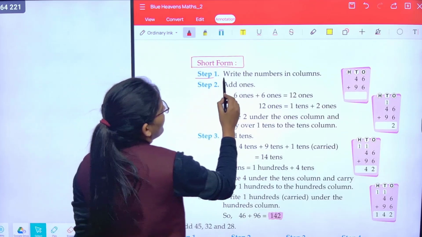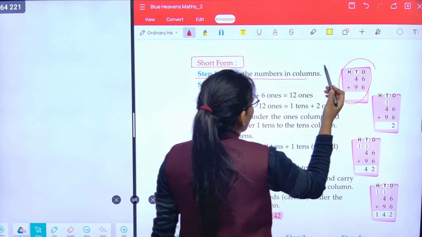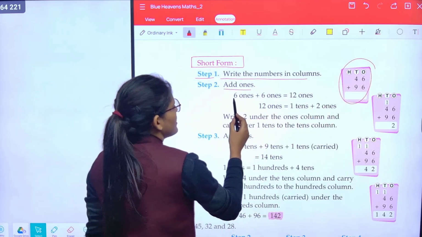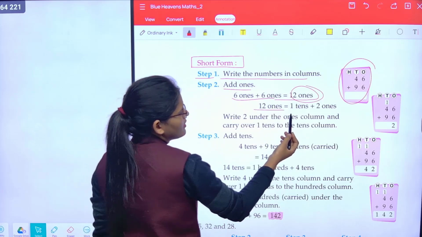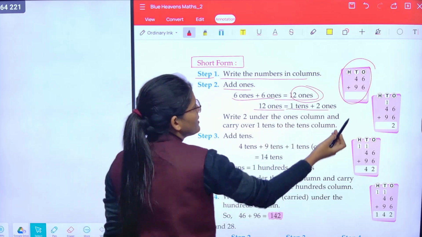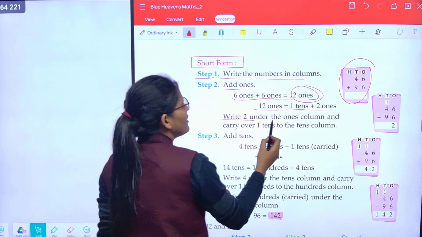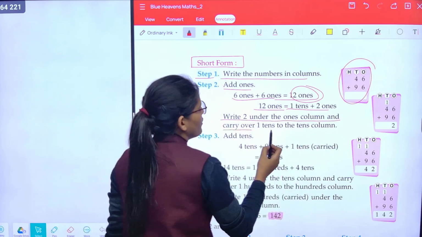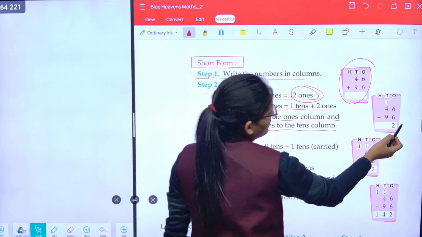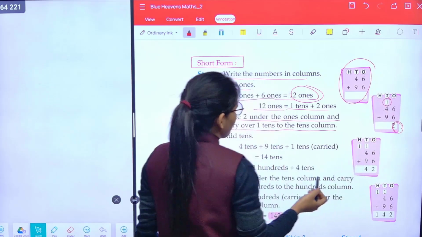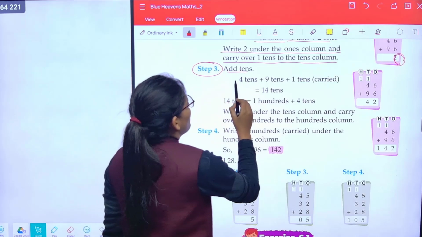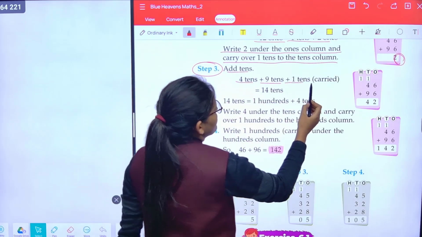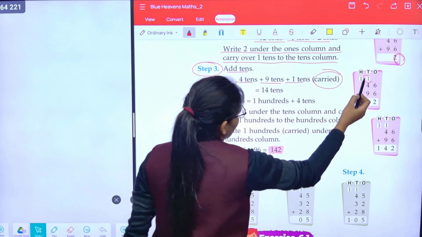Now see short form of this. Step 1, write the numbers in column. Now add ones. 6 ones plus 6 ones is equal to 12 ones. Now 12 ones is 1 tens plus 2 ones. Write 2 under the ones column and carry over 1 tens to the tens column. Now step 3, add tens, 4 tens plus 9 tens plus 1 tens, the carried one.